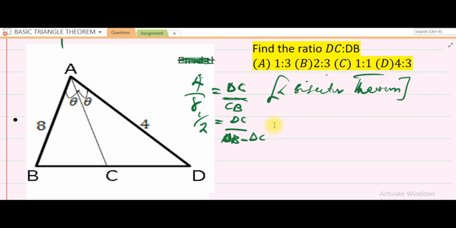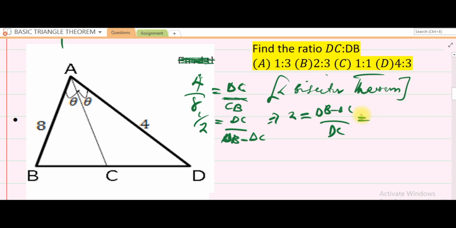So, okay, and we know we can still write this. This could be written out if you reciprocate: 2 over 1 equals dB minus dC over dC.